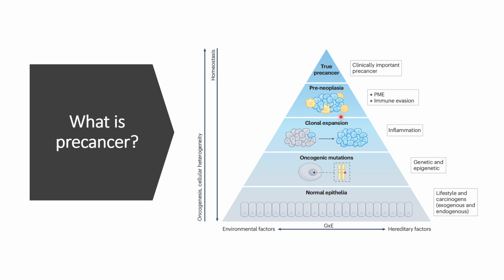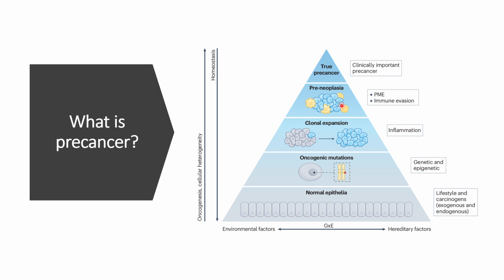And with some time, if these tumors are able to evade the immune system, then this condition is called pre-neoplasia. In pre-neoplasia, it will prevent the immune cells from detecting the tumor antigens that are present on the mutated cells or the cancer cells.